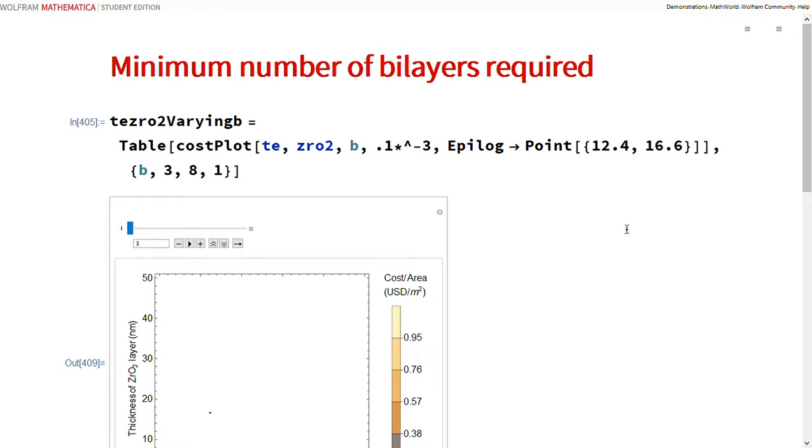So of those materials, each one was tested to determine which would have the lowest cost while fulfilling all of the design criteria laid out previously.